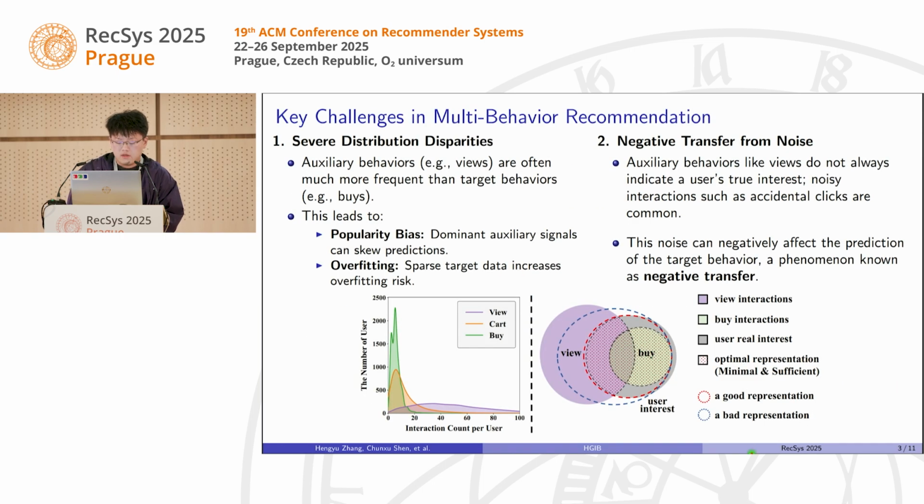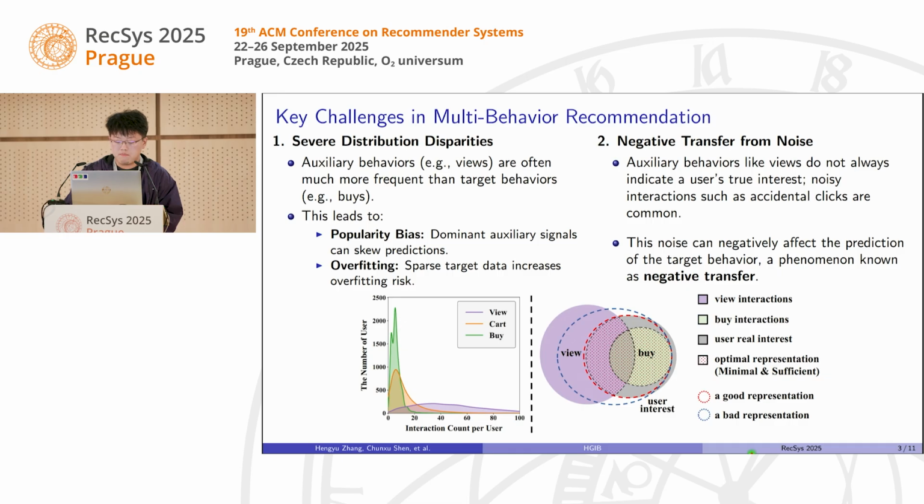However, existing approaches are still facing two key challenges. First, there is distribution disparity across behaviors. As the histogram on the bottom shows, behaviors like viewing are substantially more frequent than the target behavior like buy.